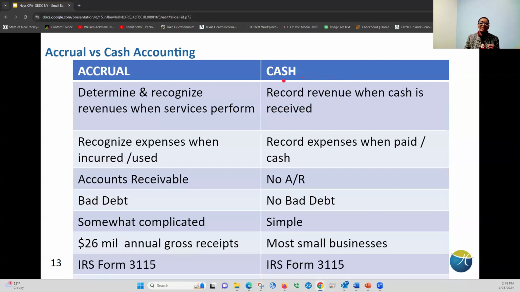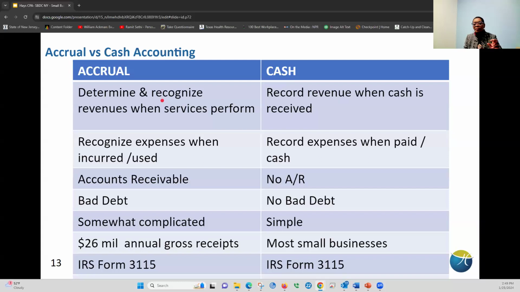Yes. So the difference is, when do you record revenue? When you sell something and somebody pays you in cash, that's what we call cash accounting. Once you get paid, whether it's check or credit card, once you receive that payment at the time the service is rendered, that is cash accounting.